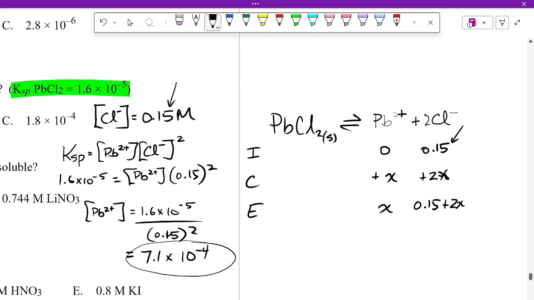But 0.15 is a really big number in terms of solubilities. Low solubility compounds usually are producing times 10 to the minus 4, times 10 to the minus 5. Those are all very small. So we can assume 2x is insignificant.